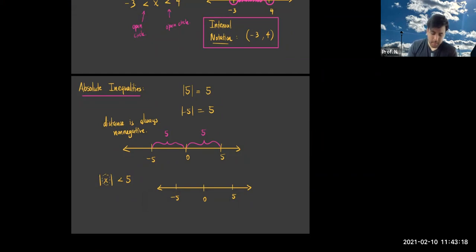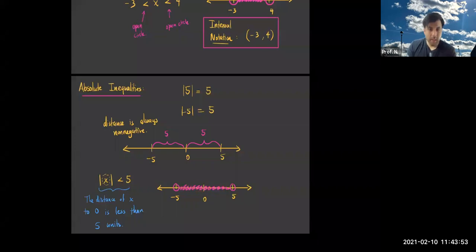So that's what it means. In other words, what x values have a distance to 0 that's less than 5 units? Well, wouldn't it be everything in between -5 and 5? Every point in this interval has a distance to 0 that is less than 5.